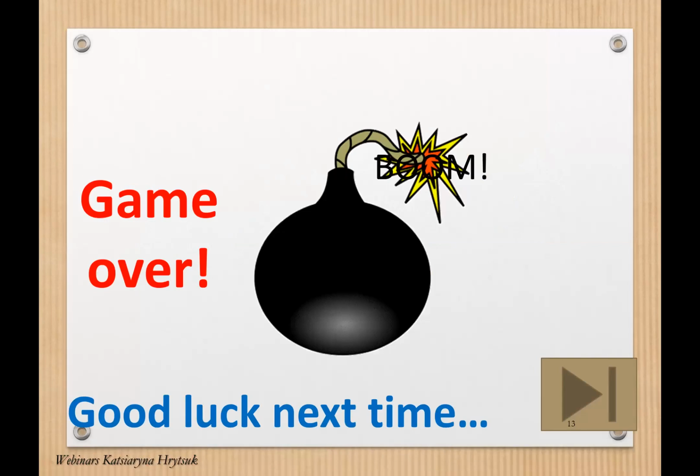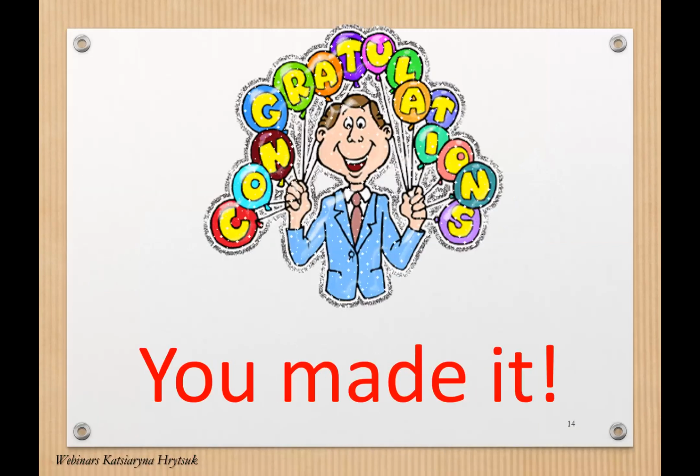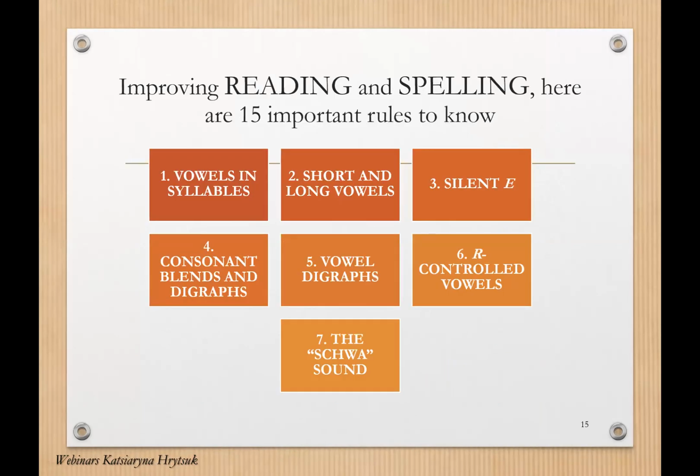Okay, this is just a very short game for you, just not to be too serious, right? Nothing complicated. Now here is what you need to know. We are going to talk about 15 important rules to know about reading and spelling. 15, okay? So we will talk about vowels.